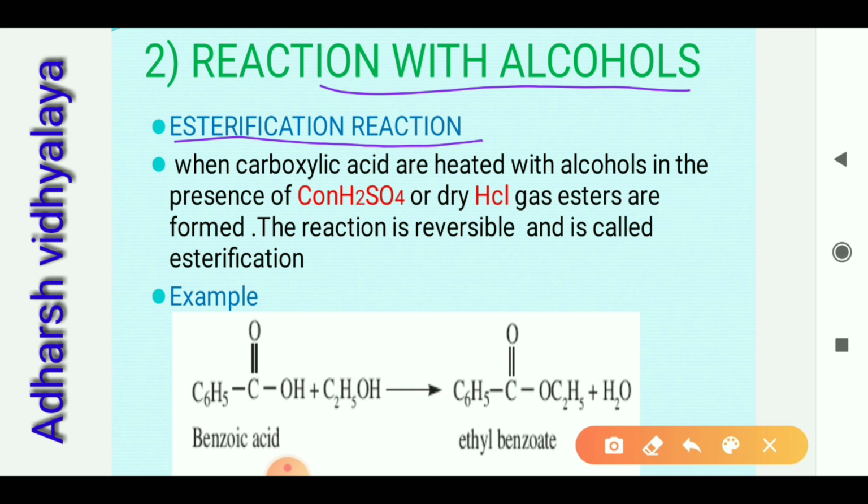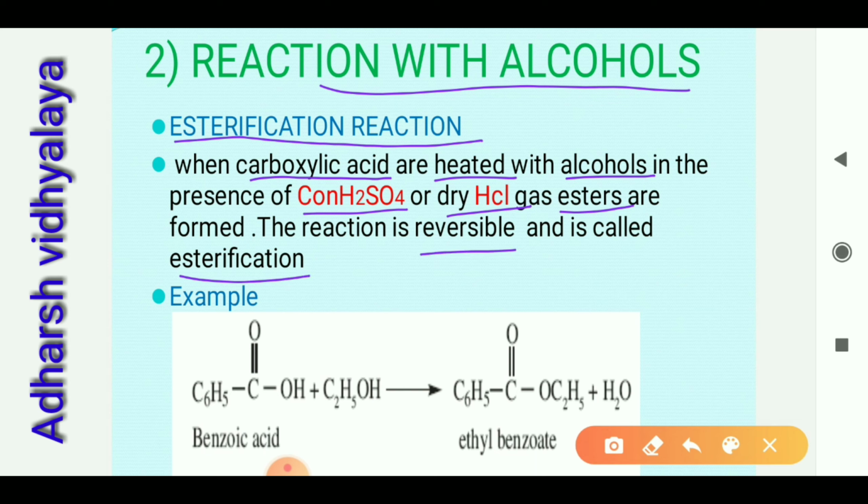When carboxylic acid is heated with alcohol in the presence of a mineral acid like concentrated sulfuric acid or dry HCl, it forms esters. This reaction is known as the esterification reaction.